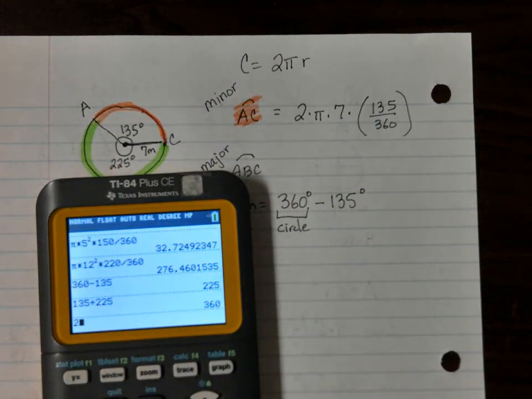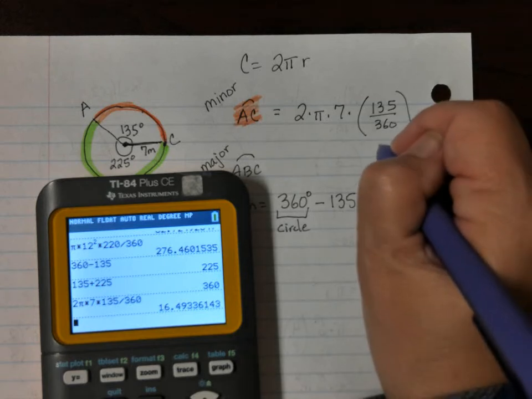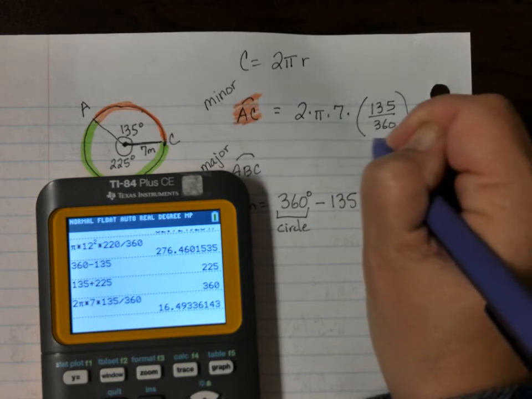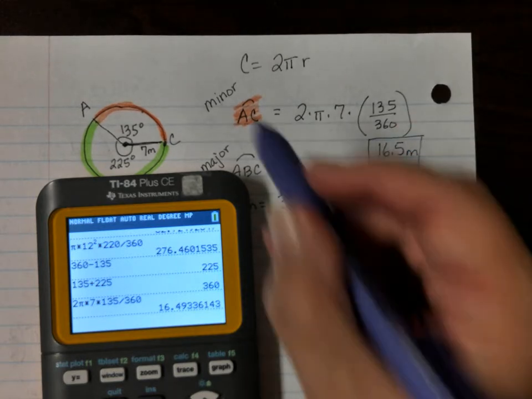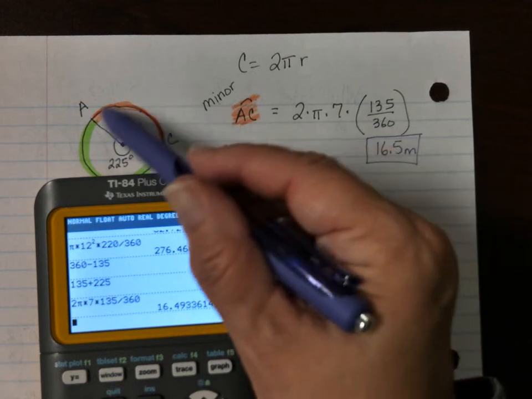So you would type 2 pi times 7 times 135 divided by 360, and we get 16.5 meters. This is not square meters because this is just going around the outside.